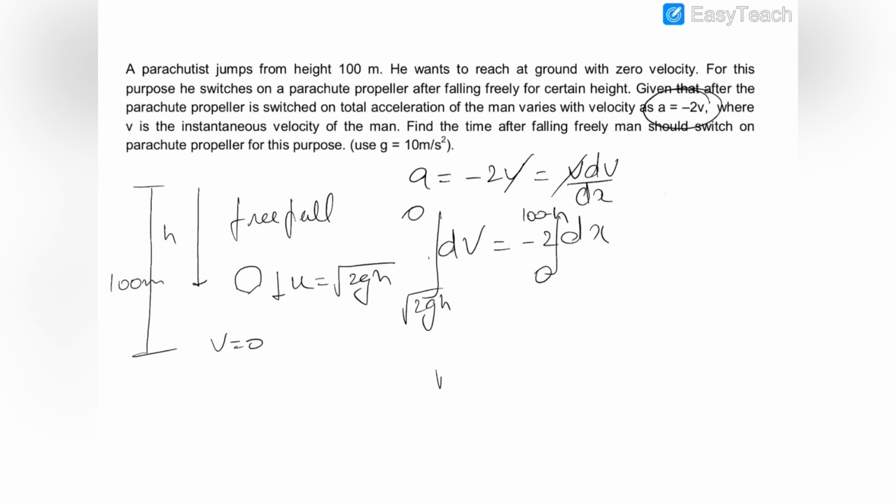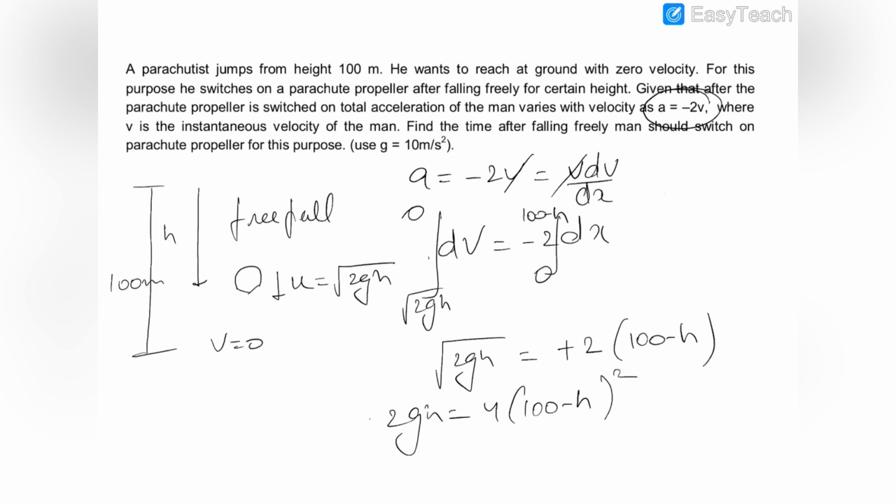So it would be under root 2gh, and this is equal to minus, in fact plus 2 into 100 minus h. Squaring this equation, you can see that 2gh will be equal to 4 into 100 minus h whole square, and h would be 80 by solving this quadratic equation.